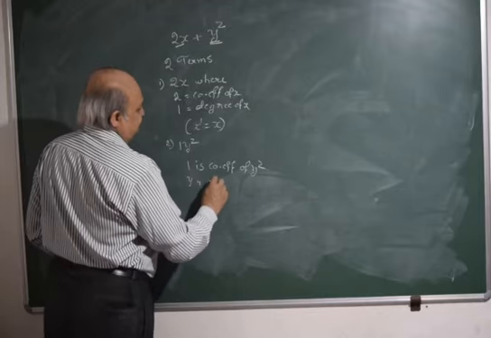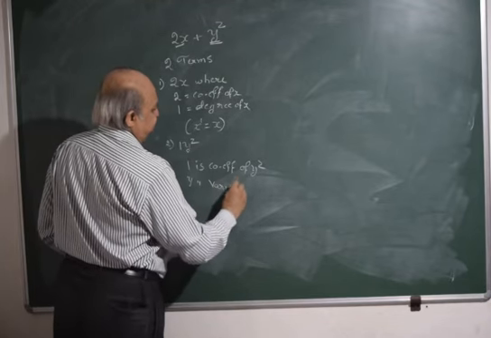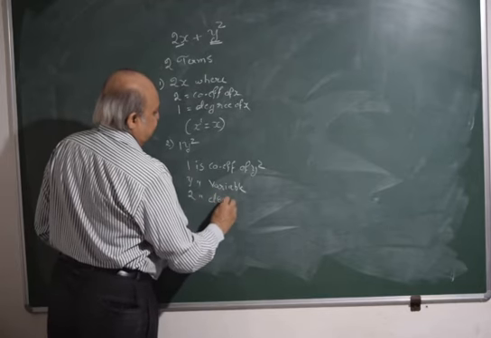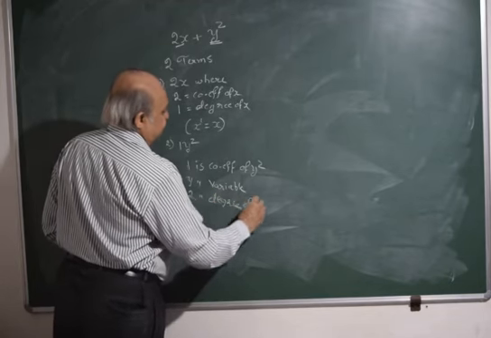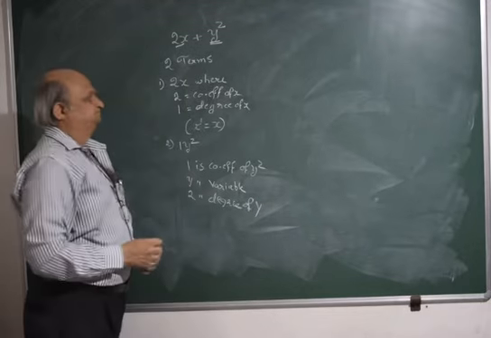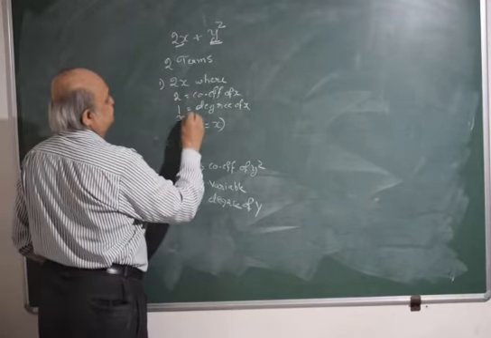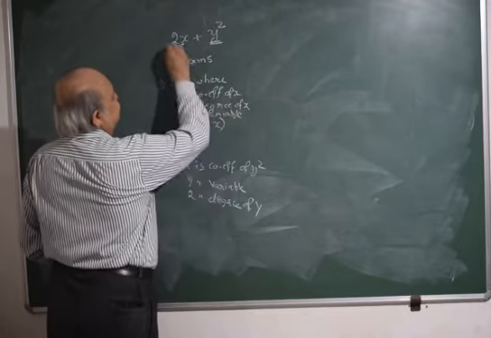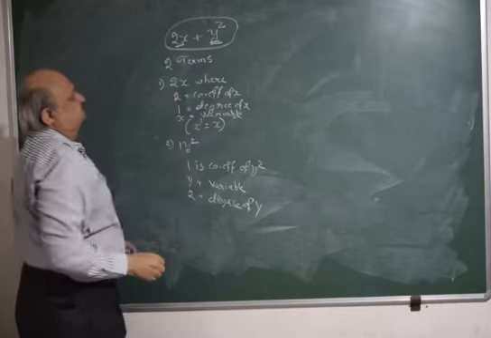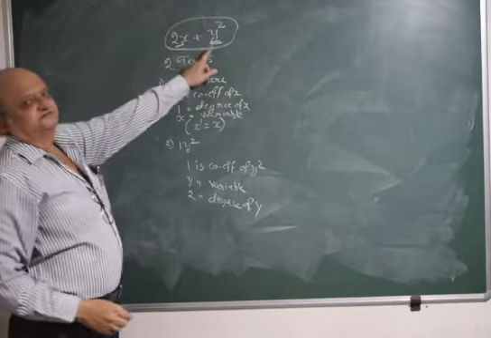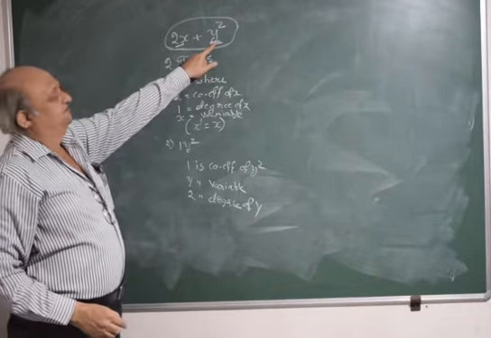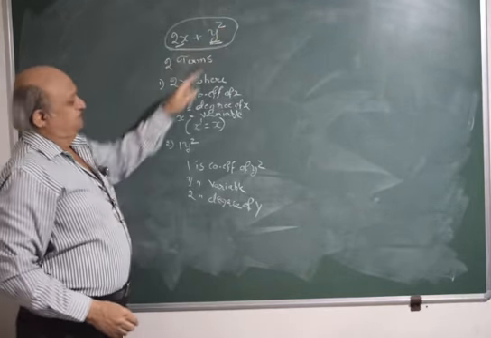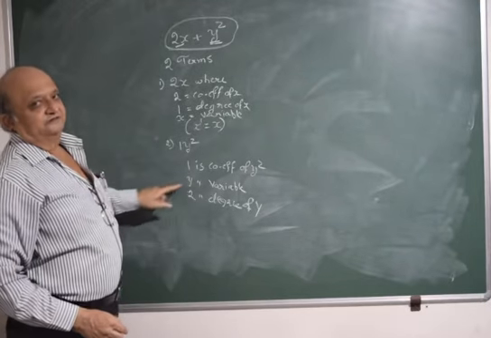Y is variable and 2 is degree of y. Here we have x as variable, and therefore this particular question contains two variables, x and y. Remember, when we say variable, we don't say y square, because this 2 is just the degree of the variable y.